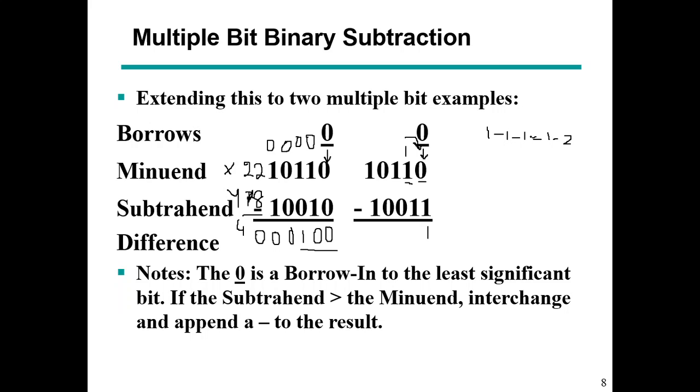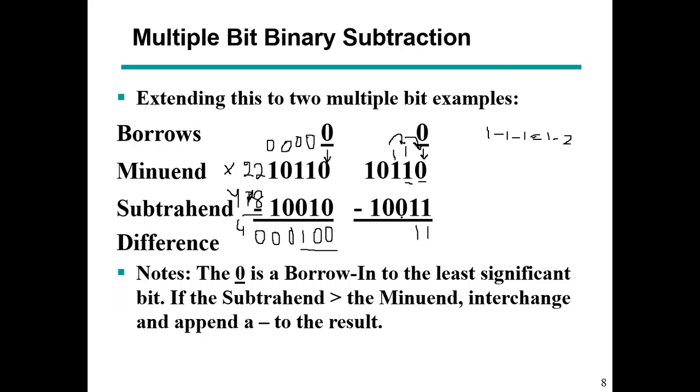We need a borrow. So we have to borrow from this position. When we borrow from this position, we borrow a 2. So this 2 will be added to 1, so it will become 3. 3 minus 2 is 1.